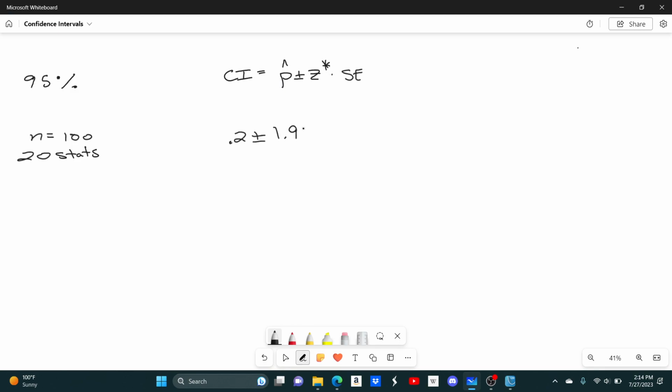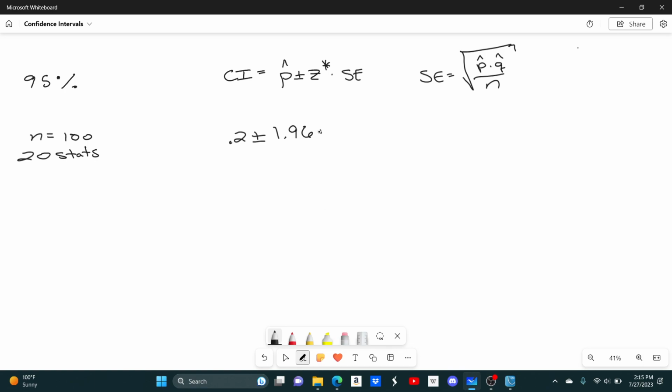And then we have to multiply by our standard error. The formula for standard error of a proportion is the square root of p times q divided by our sample size. p is our sample proportion, and you can think of it as your success rate. q is your failure rate.